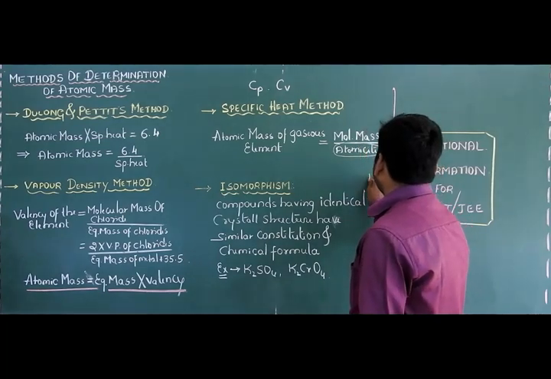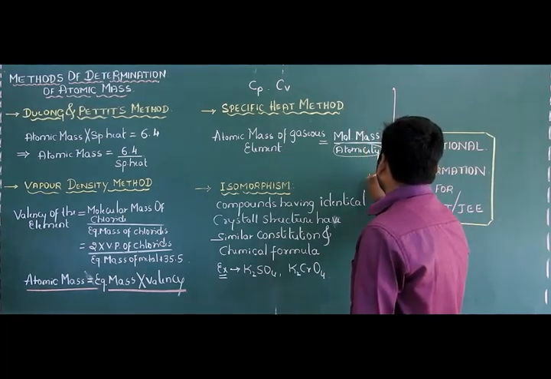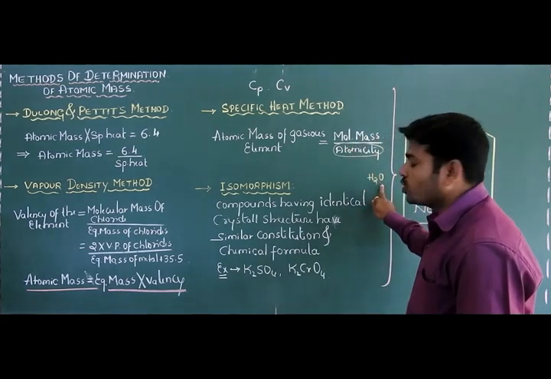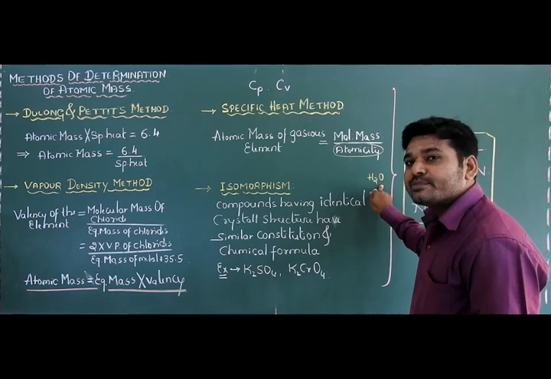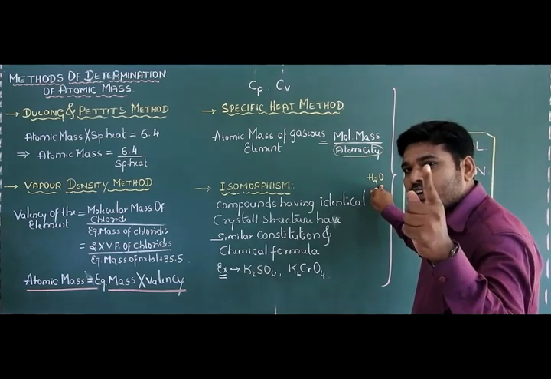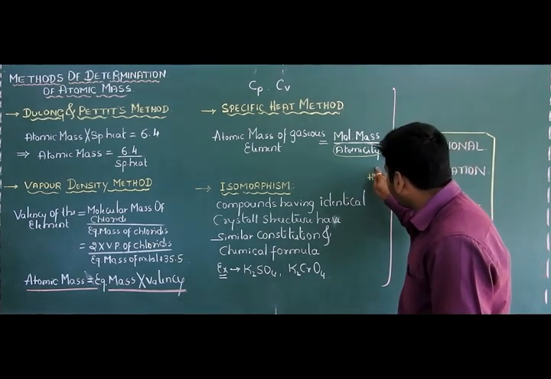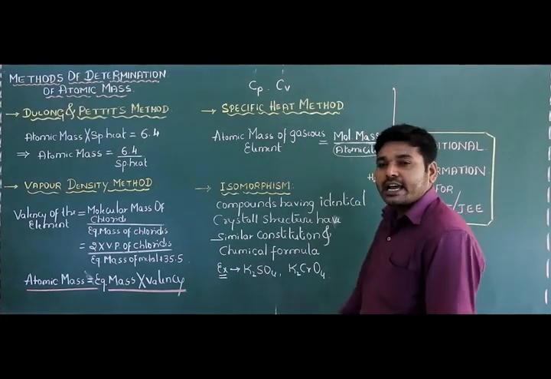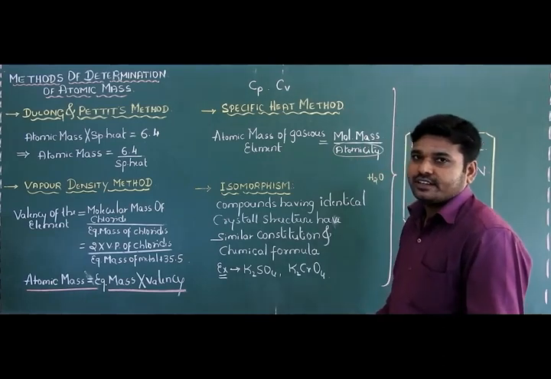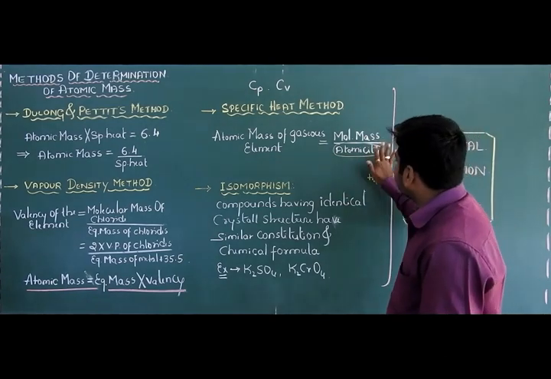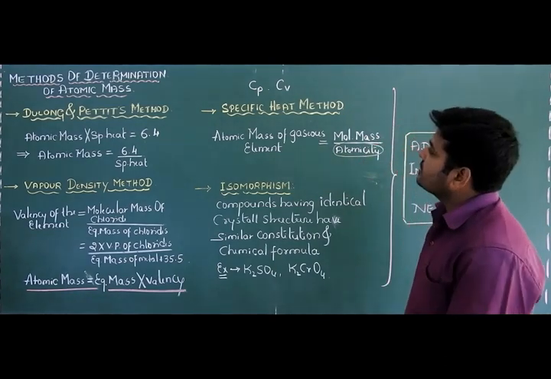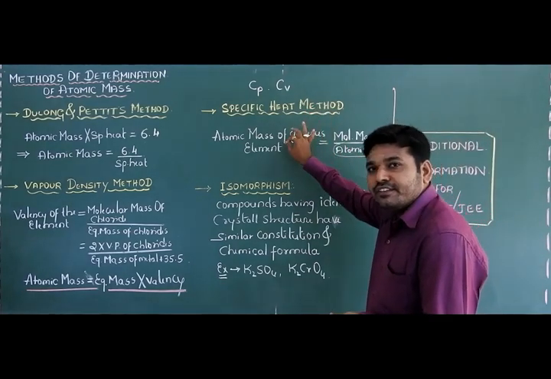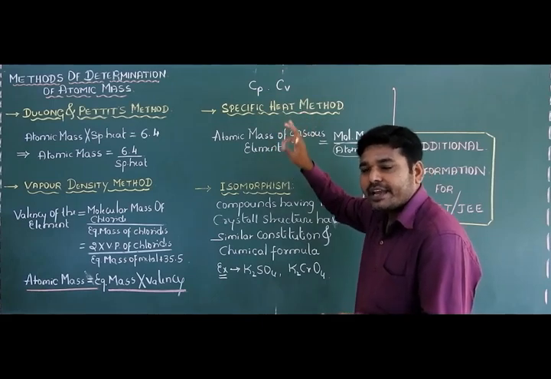Let us take an example of H2O, water. How many atoms are present in this water molecule? So 3 atoms are present, 2 hydrogen atoms and 1 oxygen atom. The number of atoms present in a given molecule is called atomicity, students. So according to this specific heat method, it is applicable only for gaseous elements.